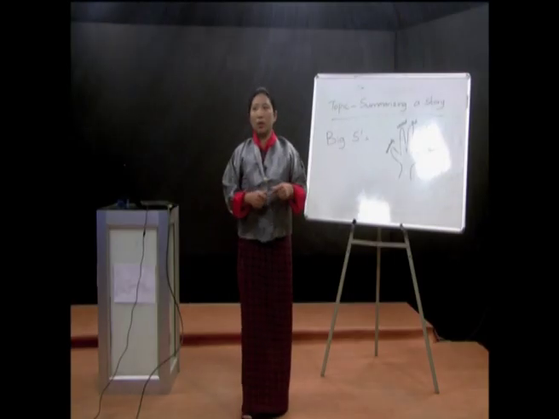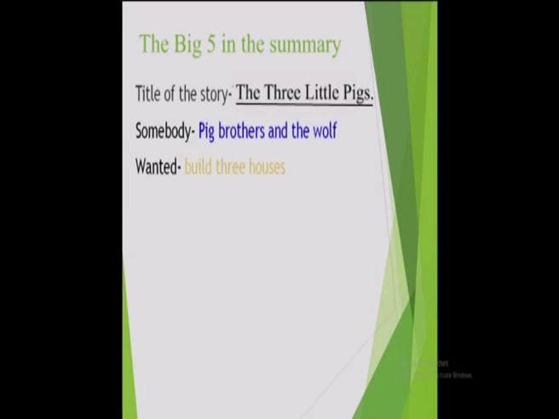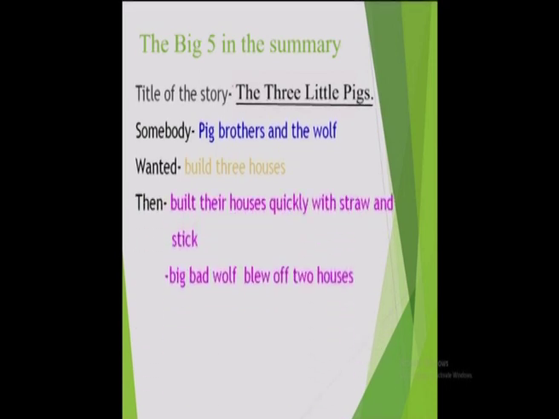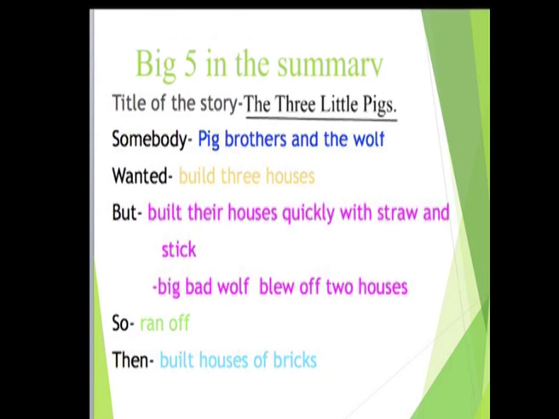Using this, can you write a summary? Wanted, which means what did the characters want to do? So they wanted to build houses. Each pig wanted to build their own house out of different materials. But what was the problem in the story? They built their houses quickly with straw and sticks with less planning, and the big bad wolf blew off the two houses.